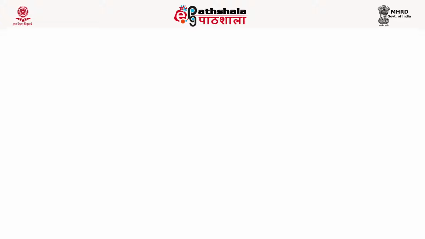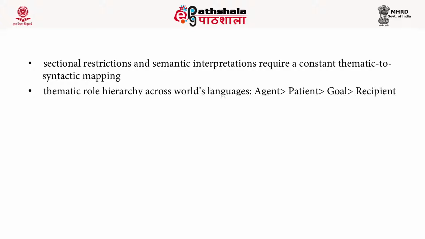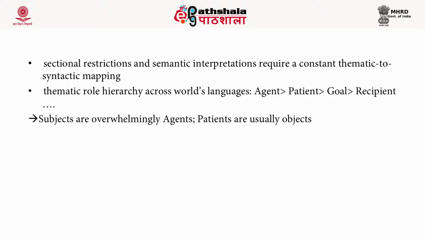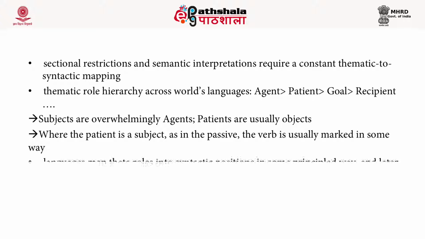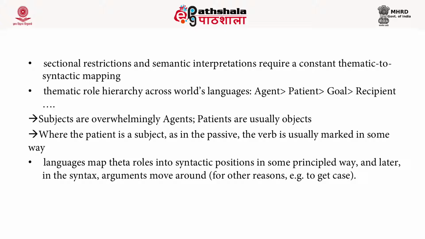Selectional restrictions and semantic interpretations require a constant thematic to syntactic mapping. The thematic role hierarchy across the world's languages goes like agent, patient, goal, recipient, and so on. By this we mean that in the majority of cases, subjects are overwhelmingly agents in the world's languages.